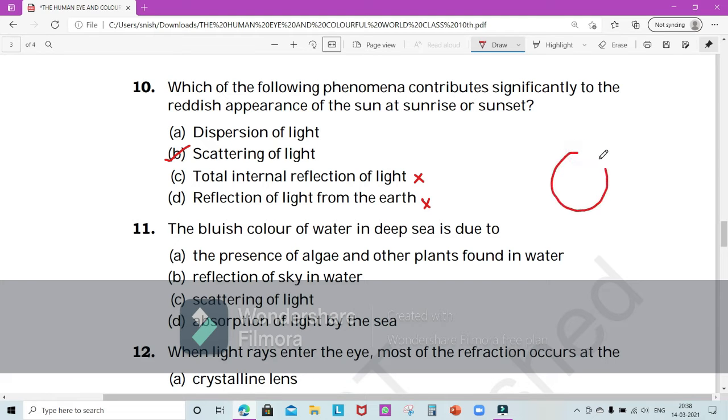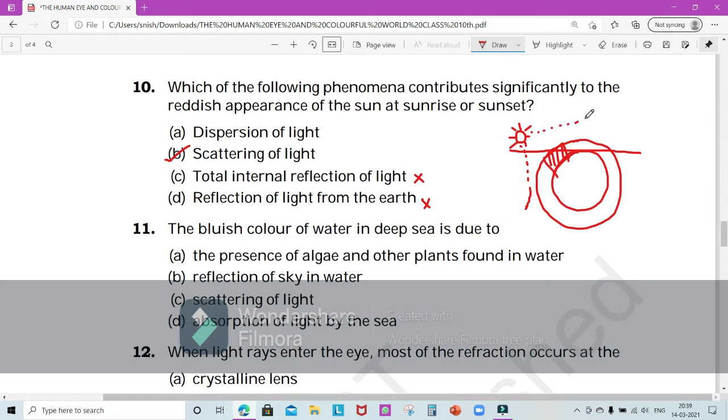The scattering of light is taking place, and we know the main thing is during sunrise or sunset. This is the horizon. We'll have the sun here at sunrise. So the distance that it has to travel through the atmosphere is more, so the red light reaches our eyes while the blue light is scattered away. It's scattered like this.